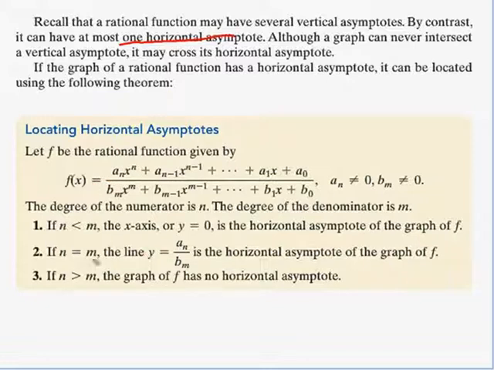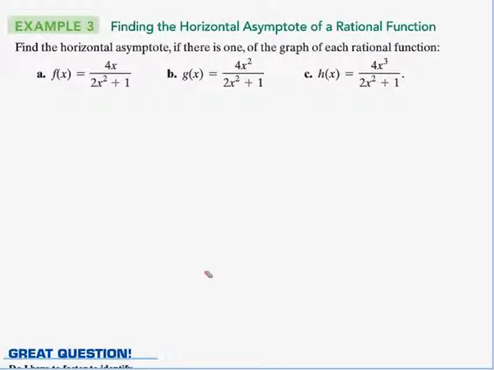Again, maybe a little confusing, but when you see one of these in an applied problem, it's a piece of cake, like right here. Find the horizontal asymptote of this rational function, if it even has one. So for part A, I look at my powers of x. This is x to the first, and then I see down here in the denominator is x squared.